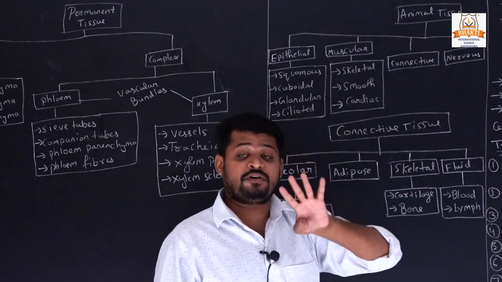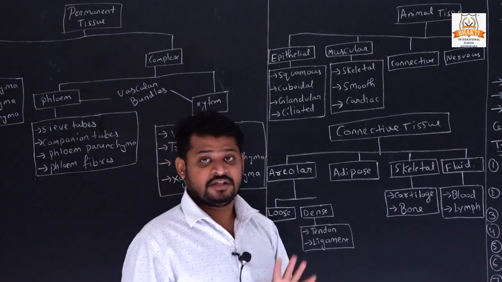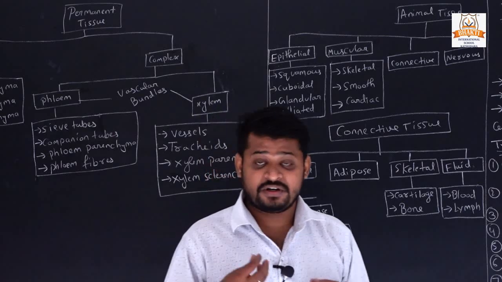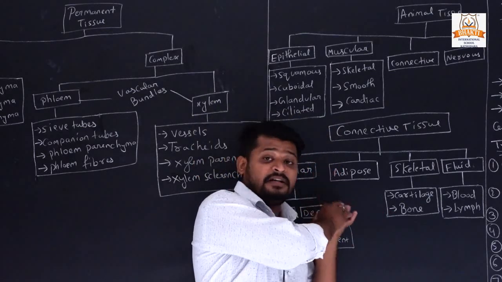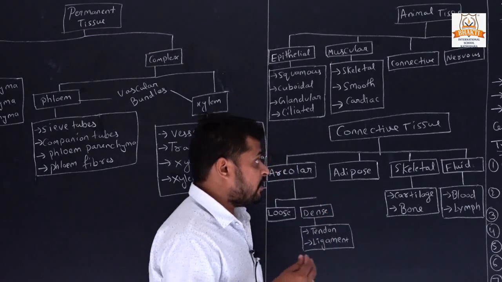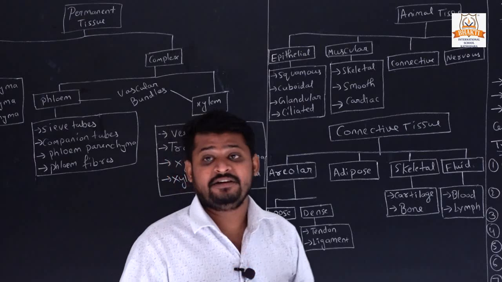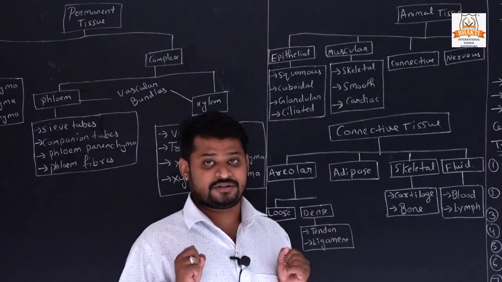So these four subparts of animal tissues are very important. We human beings are also animals, so it is very important to study animal tissue. We will understand what types of tissues are found in the human body also.